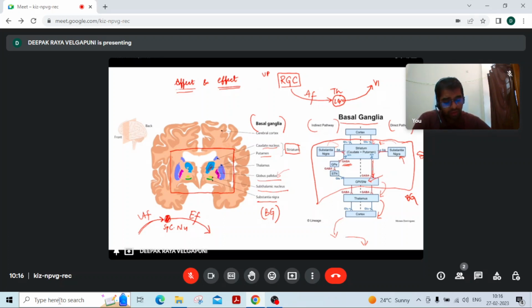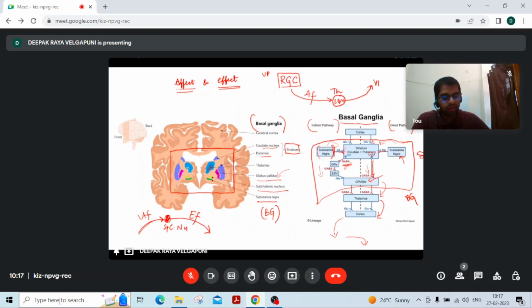And you have different neurotransmitters coming into play at these synapses. From striatum you have acetylcholine, and you have GABA projections here. GABA acts like an inhibitory neurotransmitter that helps in controlling the downstream neural activity by inhibiting. And substantia nigra is a dopamine-rich nucleus which has dopamine projections onto the striatum.